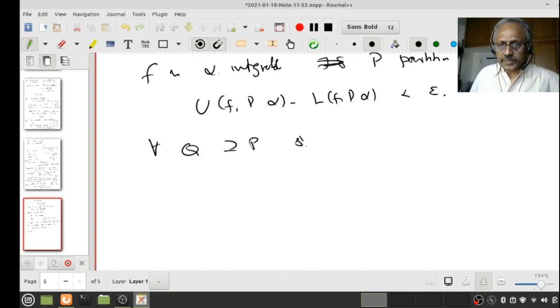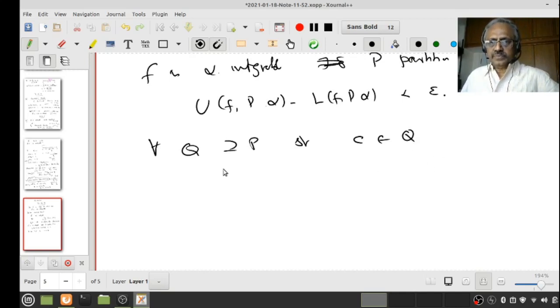Now notice that if this is true, it is true for any partition Q which contains P, so that C is a point of Q. Q is a refinement, because this result is always true, right? Are you following me?